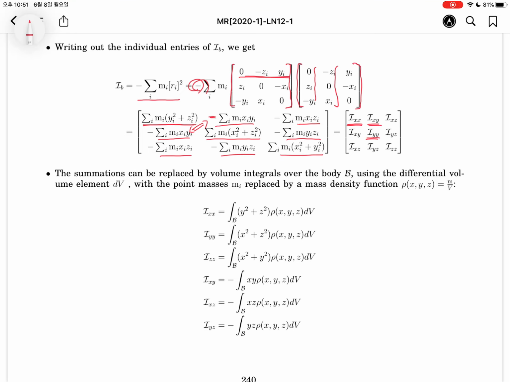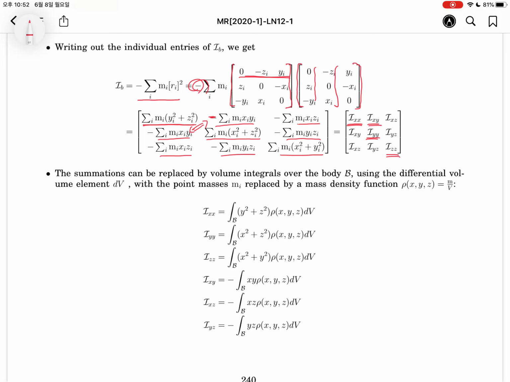It is obtained in the axis of the z, so Izz. Okay, like this we can obtain the 9 elements, actually the 6 elements, because it has a symmetric matrix form. Okay, this is about the point mass.